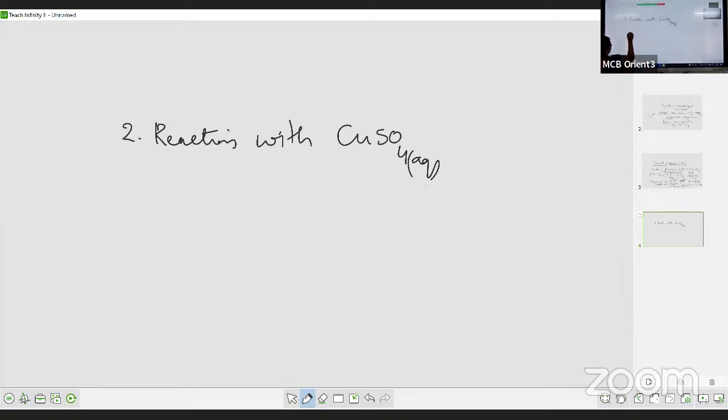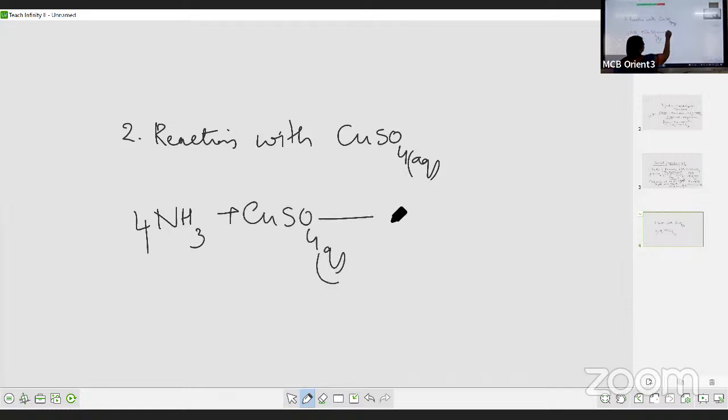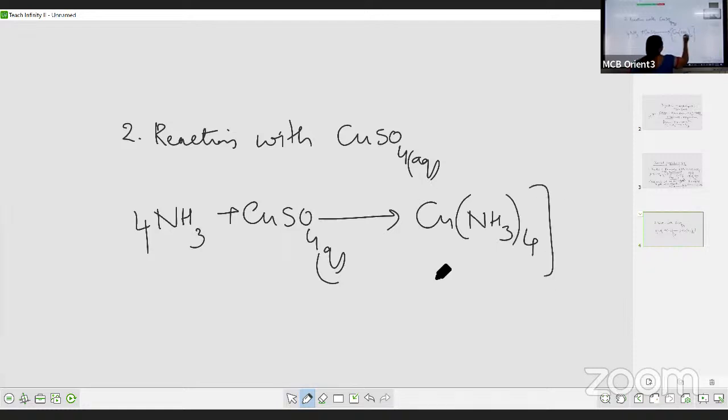Now, 4 moles of ammonia react with aqueous copper sulfate to give Cu(NH3)4SO4. This is a blue complex.